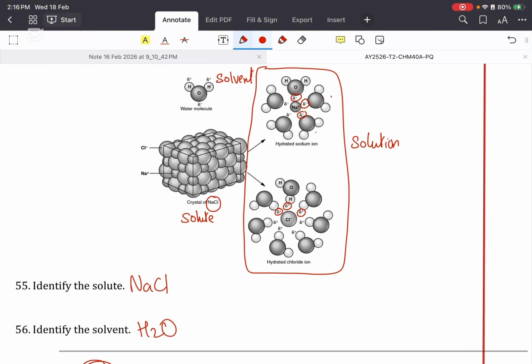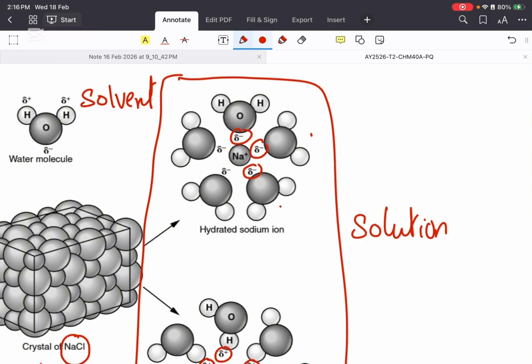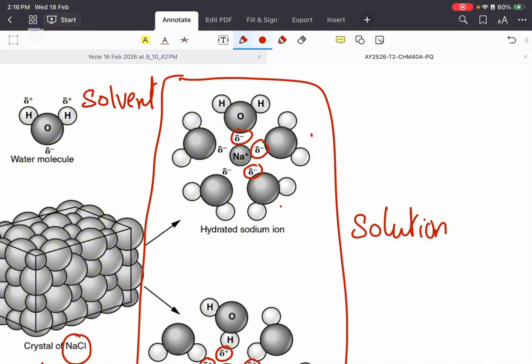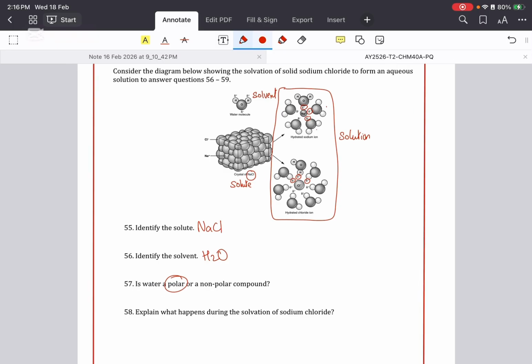Explain what happens during the solvation of sodium chloride. You need to explain that the sodium positive ions will be surrounded by water molecules from the side of O, because O is the negatively partial charge, and Cl are surrounded by the H positive side.